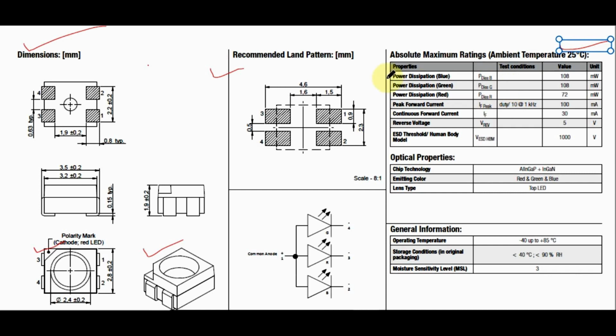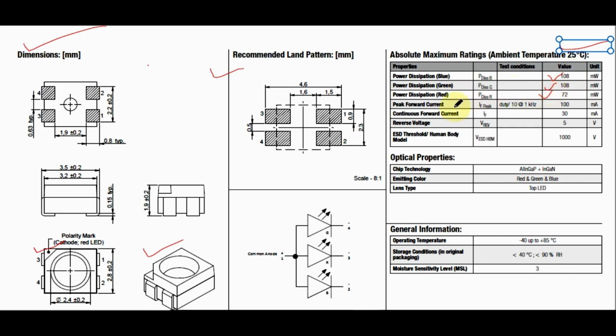The power dissipation, PDISSP, for blue LED is 180 milliwatt, for green LED it is 108 milliwatt, and for red LED it is 72 milliwatt. If you design your LED to achieve a certain current, you have to always look at this power dissipation. It should not go beyond these three values.